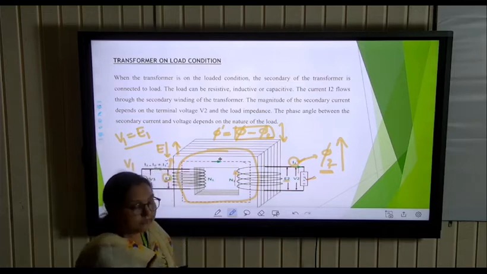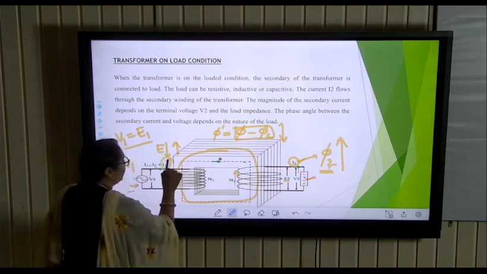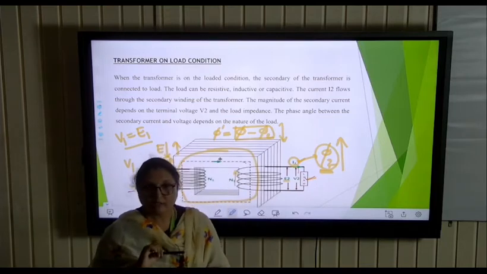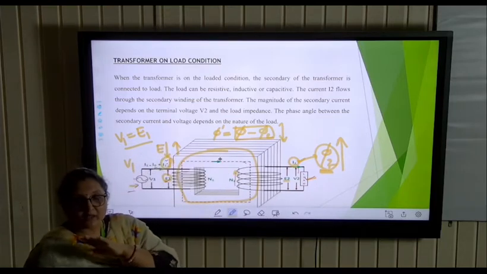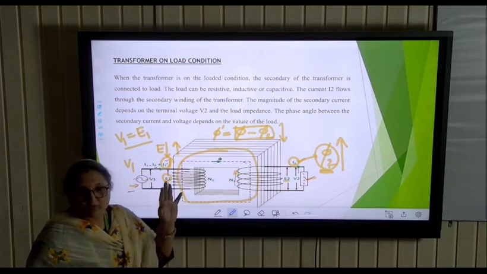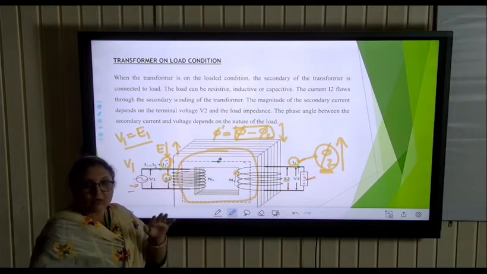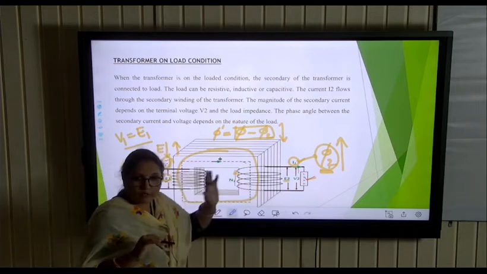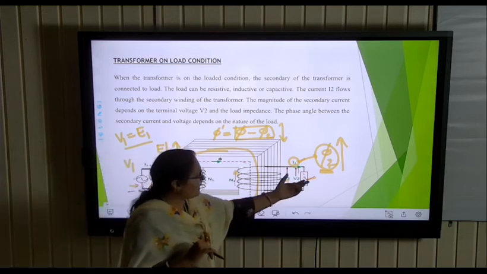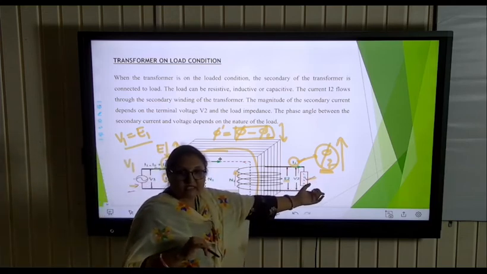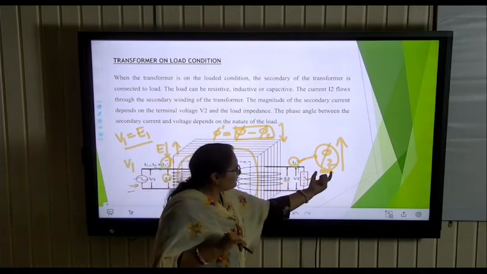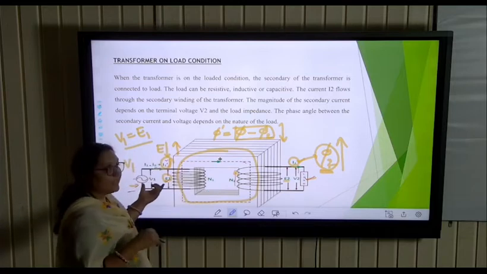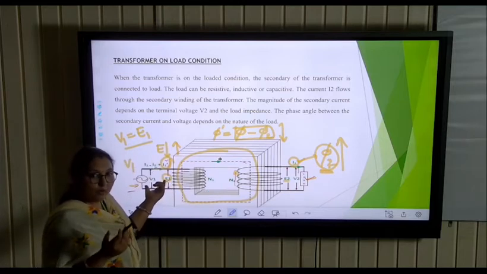Why? Because this current has to nullify the effect of this flux, so that the transformer will work at a constant flux. For proper working of this transformer, we should have a constant flux in the machine. Your flux is going to decrease because of the loading of the transformer, and somehow we have to nullify this effect. Because of the secondary flux, our net flux has reduced, so I should have some additional current that flows in the opposite sense.